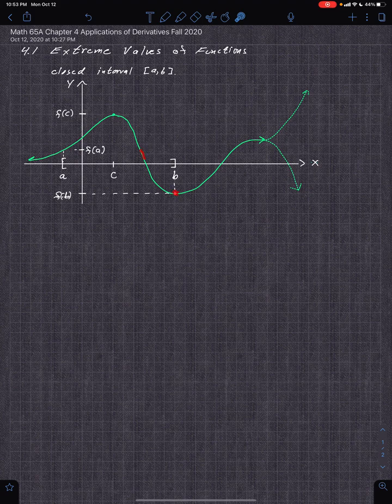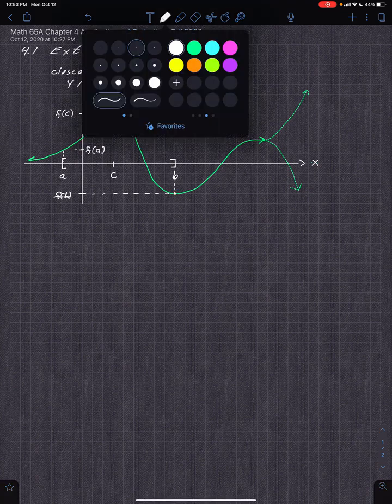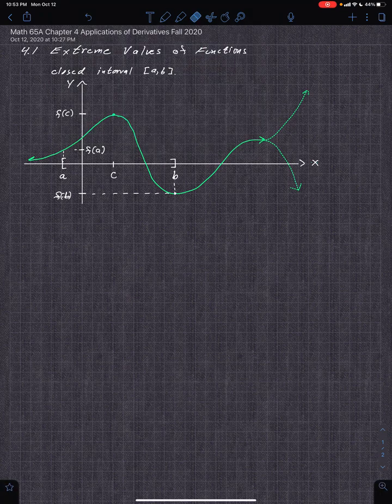Is f of b anything special? In this case, I meant to do it like this. Hold on, let's do partial eraser here. I wanted it to look a certain way and go down further. So it goes like this, and then maybe it goes like this.